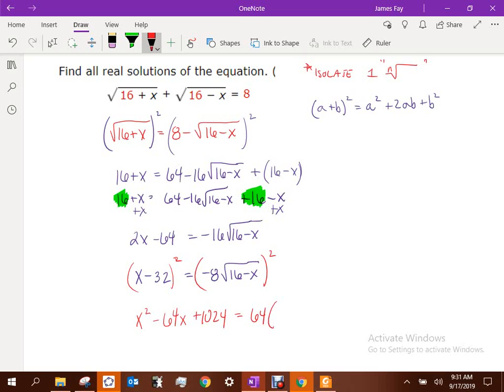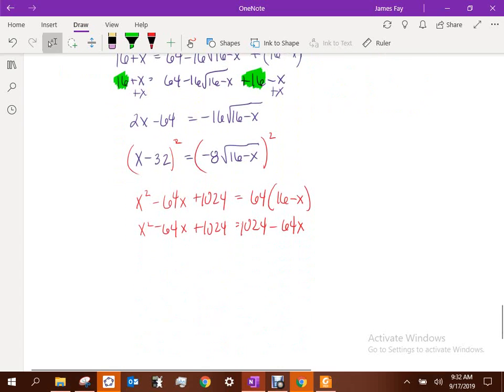Square the radical, and you're left with just 16 minus x. So 64 times 16, that's nice. What's going to happen with the 1024s? Cancel out. Add 64x to both sides, so we get x squared. Is that right? Add 64x. Yeah, that's right. So just get x squared equals 0.